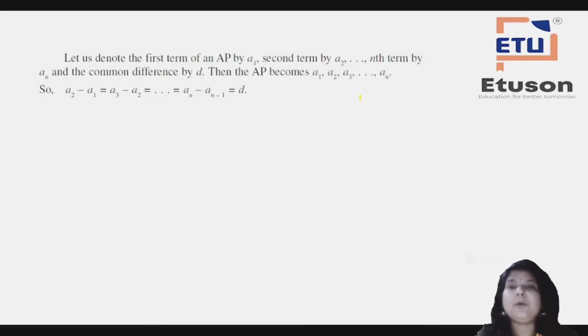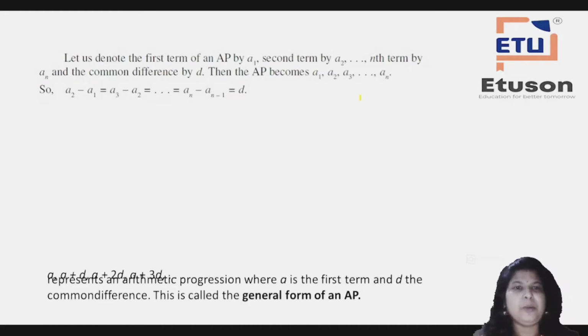To find the common difference, it is the succeeding number minus the preceding number. So a2 minus a1 equals a3 minus a2 equals a4 minus a3, and finally an minus a(n-1), where n and n minus 1 are the last and the last but one terms. That gives your common difference.